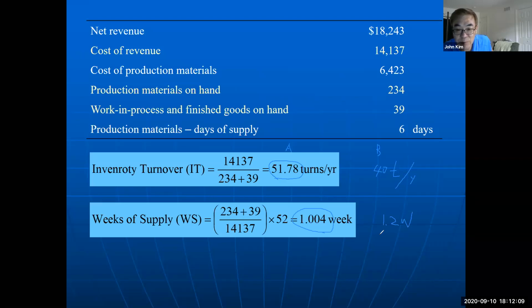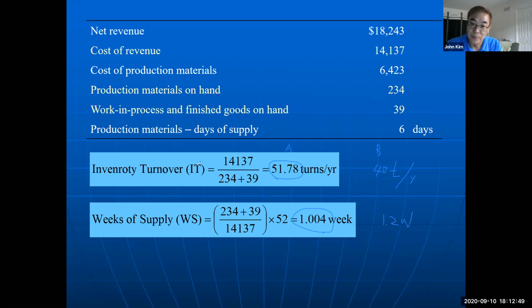What do you think? A. Why? It is turning over more per year. Yes, right, and has less inventory on hand per week. So more turnover means it works fast, and less time in the system means it works fast, right?